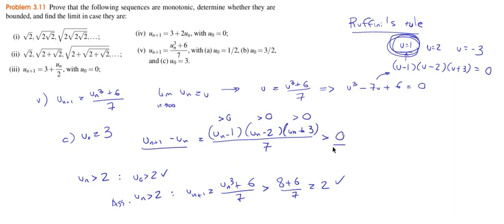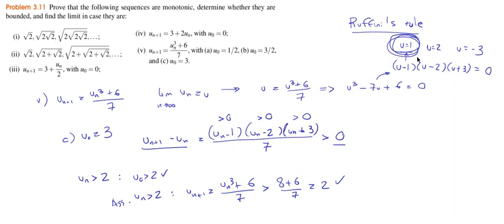So now the sequence starts at 3, it increases from 3, and we don't know if it has any bound. But if it was bounded, as we had seen in part 4, it would mean that the sequence would have a limit because it is monotonically increasing.